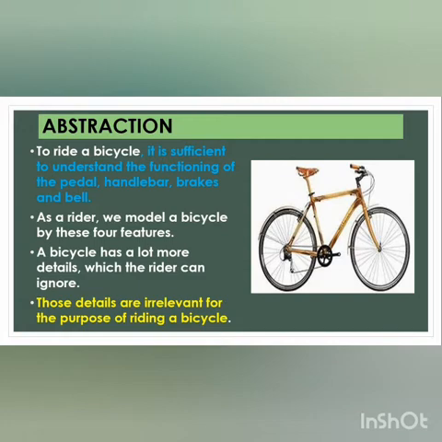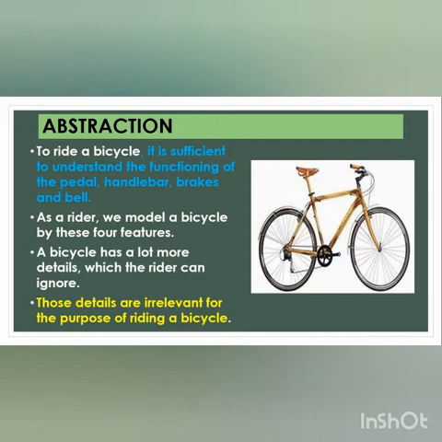So, for riding a cycle, only four things are important, that is the functionality of the pedal, handlebar, brakes and wheel. Other than that, some additional features are also available in the bicycle. Those details are irrelevant for the purpose of riding a bicycle.